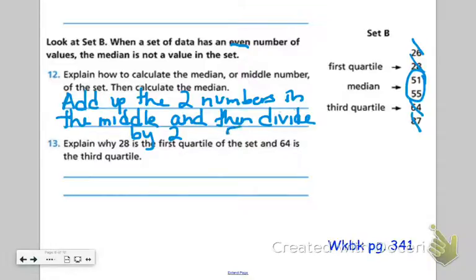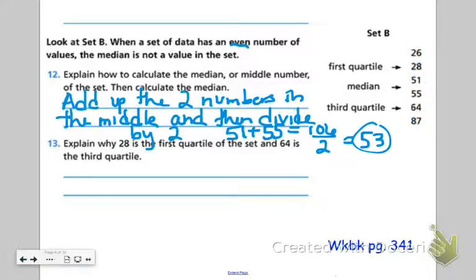So if we do 51 plus 55, we're going to get 106, and then we divide that by 2. And that is going to give me 53. Okay? So 53 is the median of the whole set.